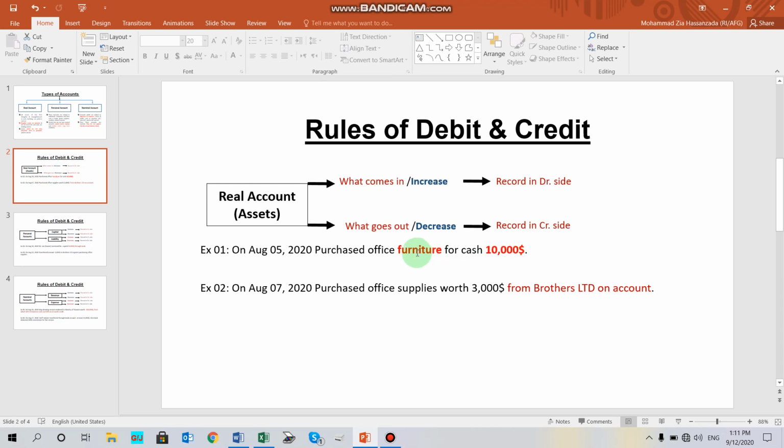When we purchase furniture, it means this furniture is coming within the organization as an asset. It means there is an increase in the assets of the organization. So this furniture should be recorded on the debit side. But on the other side, when we pay this 10,000 USD for purchasing this furniture, since this cash is also our asset, it means there is a decrease in our assets, so we have to record this on the credit side.